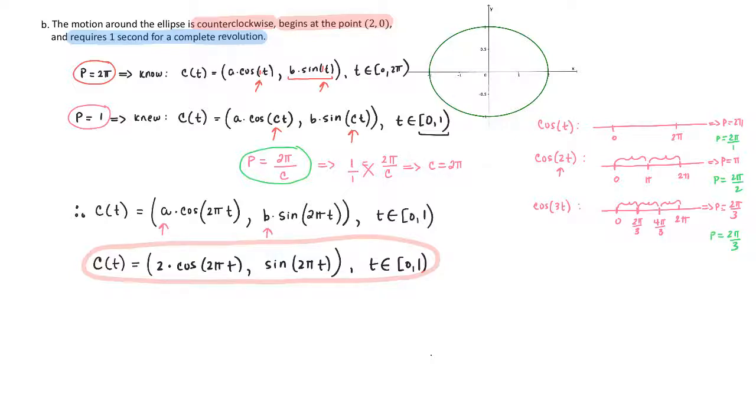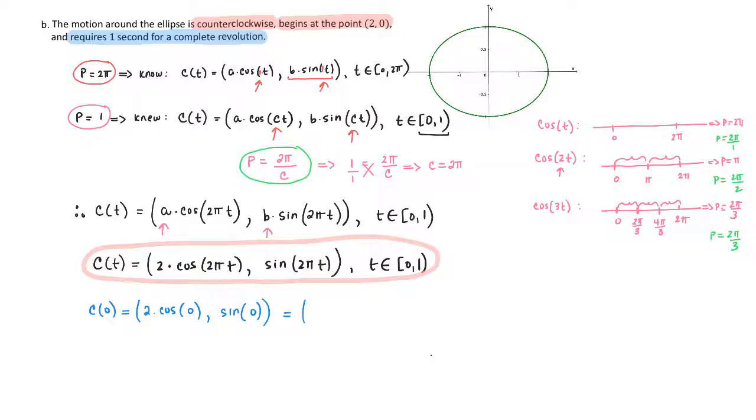What we have to make sure is that we are starting at the point 2 comma 0. So that's an easy investigation. C of 0 is going to be equal to 2 times the cosine of 2 pi times 0, which is 0, and then sine of 2 pi times 0, 0 again.